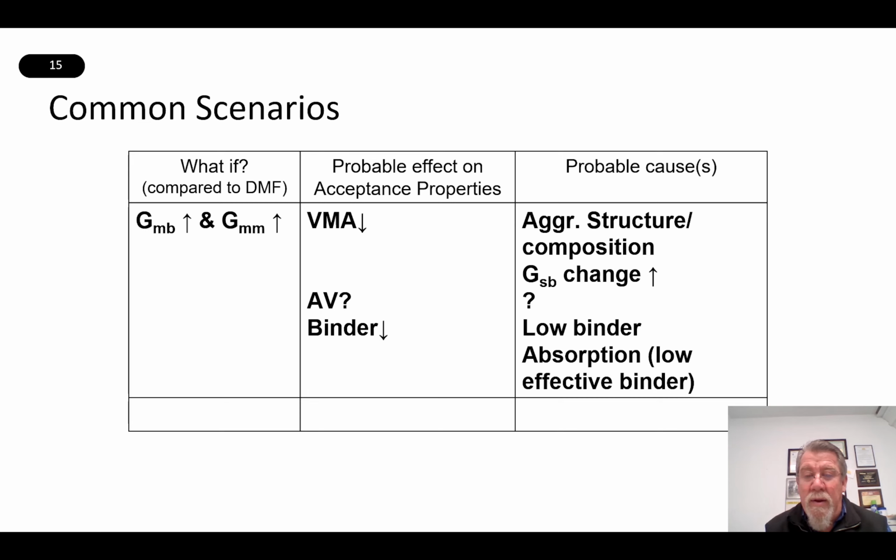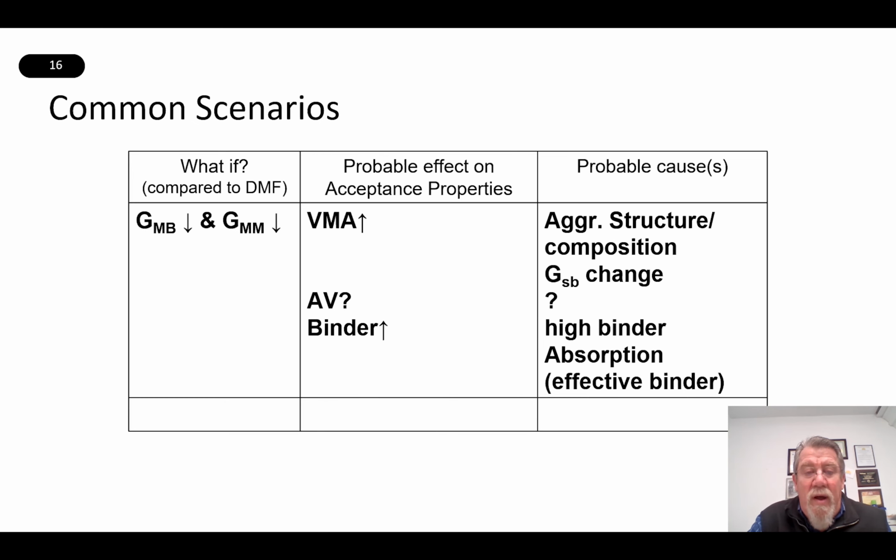And on binder, if it goes down because your rice goes up, most likely it's low binder absorption, which mainly is the low effective binder. So you're having more absorption in your mix, which gives you a lower effective binder, which will affect your rice and your air voids.